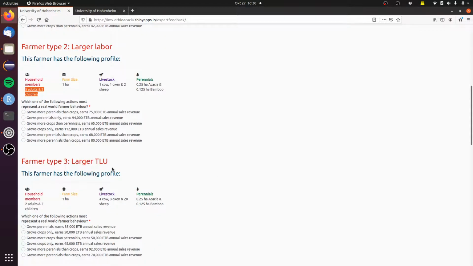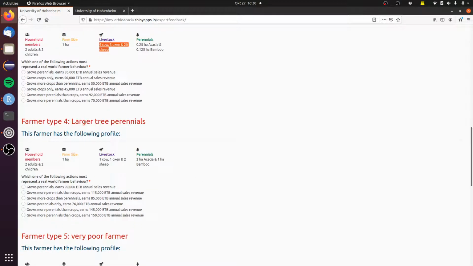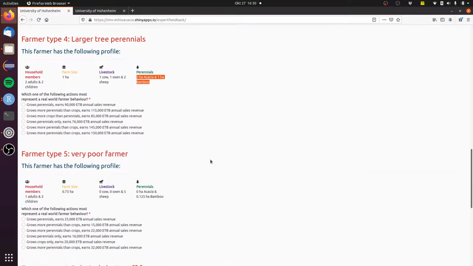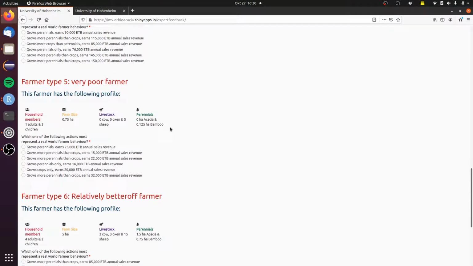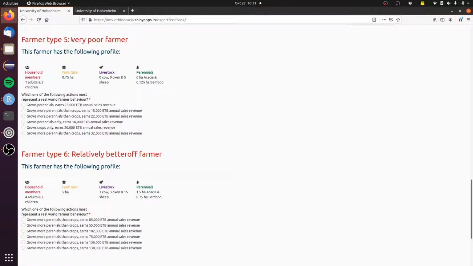And the other one is with larger TLU, which means larger endowments of livestock. The same is true for tree perennials, which have a higher holding of standing trees. And generally we have 2 more options, which are a very poor farmer and a relatively better off farmer, a very poor farmer and a relatively rich farmer, if you wish.